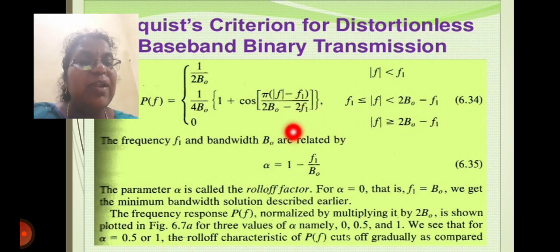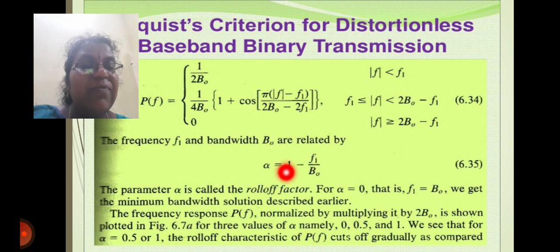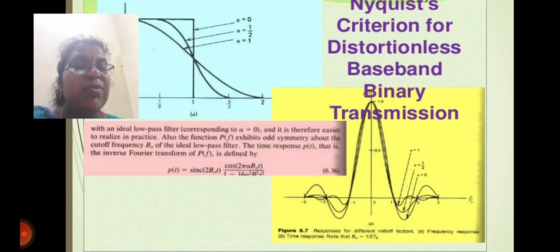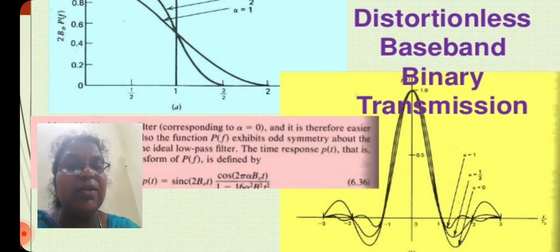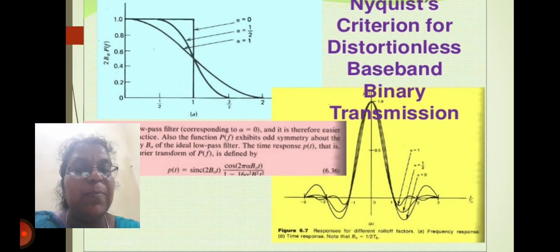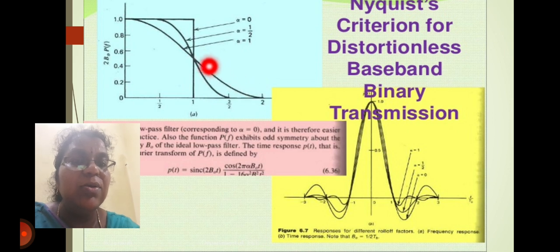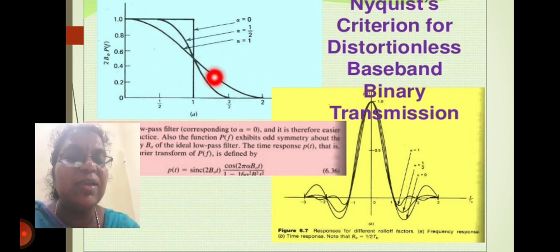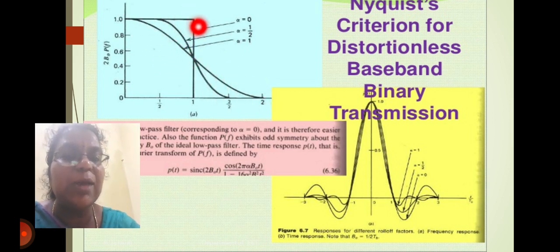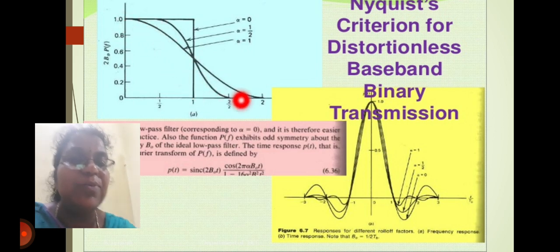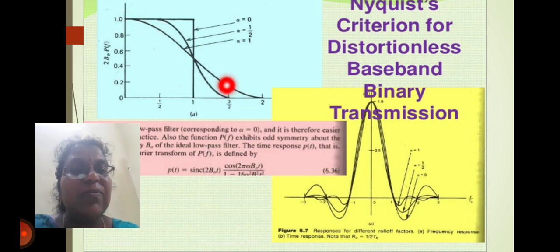This f1 and B0 are related by a factor called alpha, which is the roll-off factor, alpha equal to 1 minus f1 by B0. Based on that, we can draw this P(f) like this for different values of alpha: alpha equal to 0, alpha equal to 1 by 2, and alpha equal to 1. So from this sharp abrupt response, we can get a slow variation, and this is what is preferred for a practical solution.